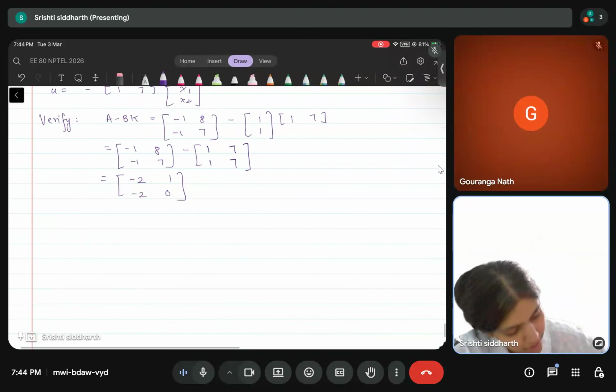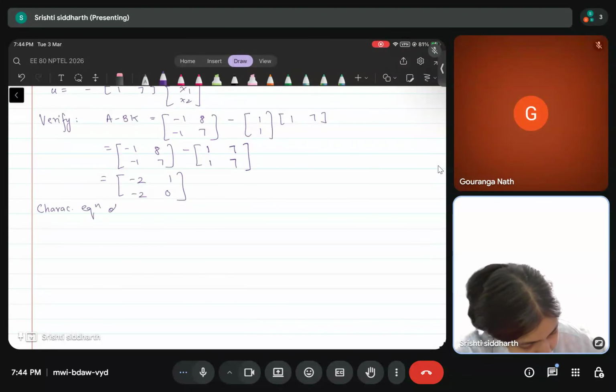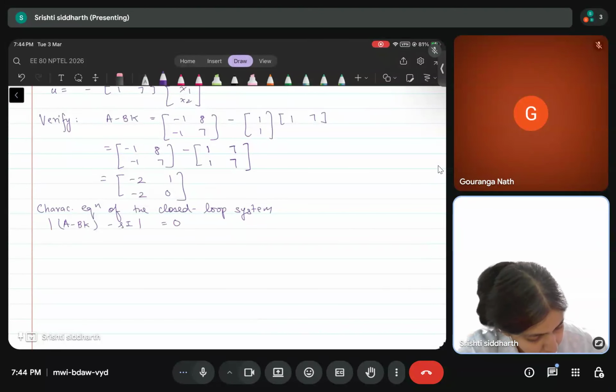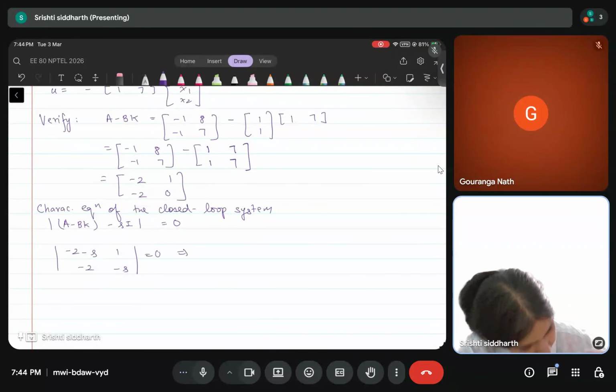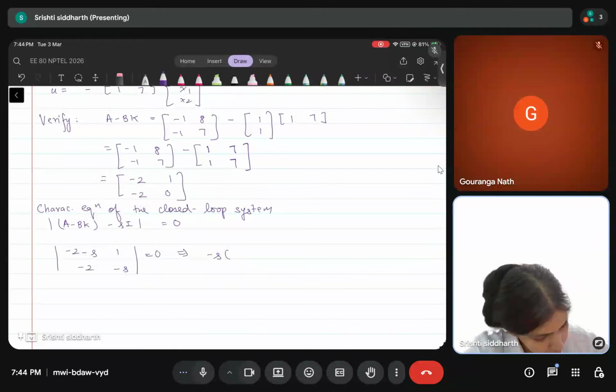So let's get the characteristic equation of the closed loop system. This is minus 2 minus s, plus 2 equals 0.